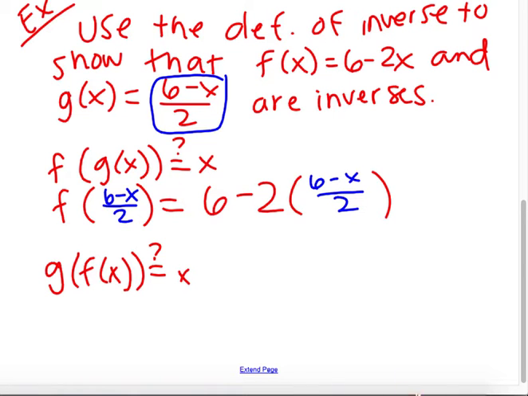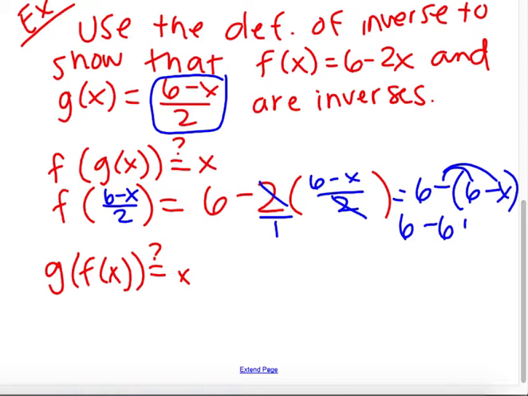Multiplication comes first, but there is nothing to change inside the parentheses. 2 over 1 times 6 minus x over 2 means the 2's cancel. So I would have 6 minus 6 minus x, which means I need to distribute the negative into both parts, so that is 6 minus 6 plus x. 6 minus 6 is 0, 0 plus x is x, so sweet, we're halfway there. f of g of x equals x.